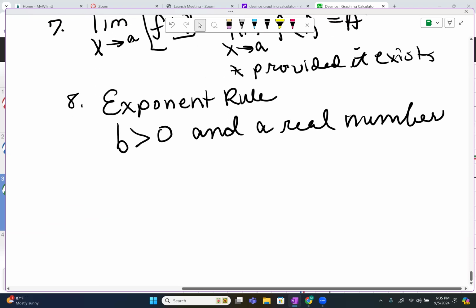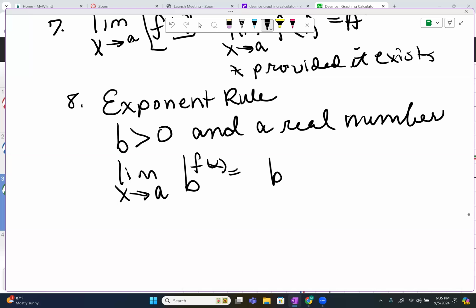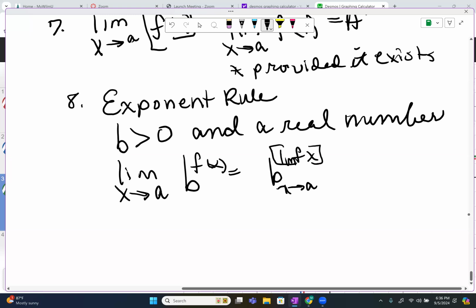In this case, you would say the limit as x approaches a for b raised to the f of x is equivalent to b raised to the limit as x approaches a of f of x, the exponent, and that becomes b to the A.